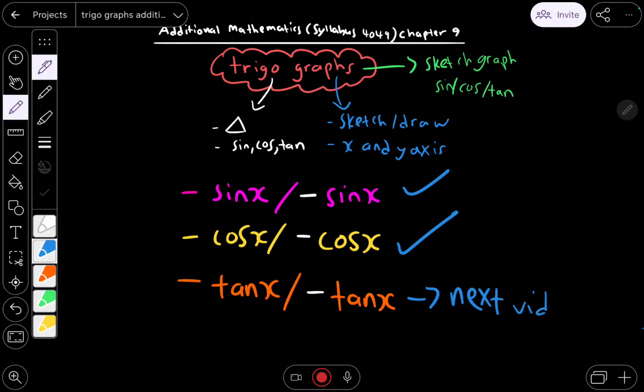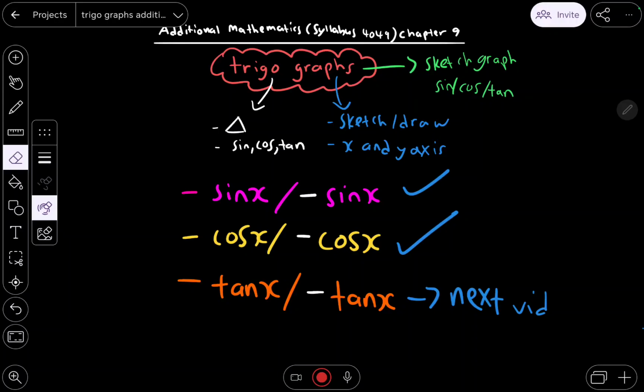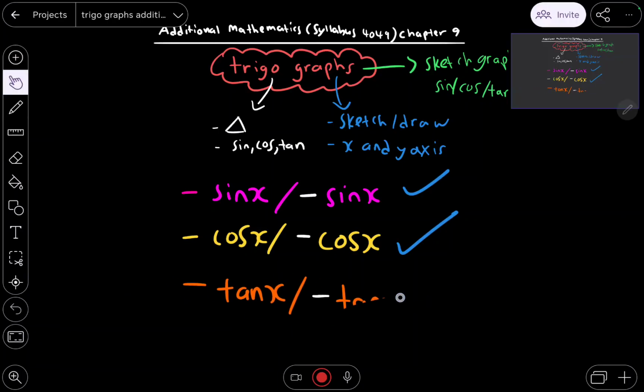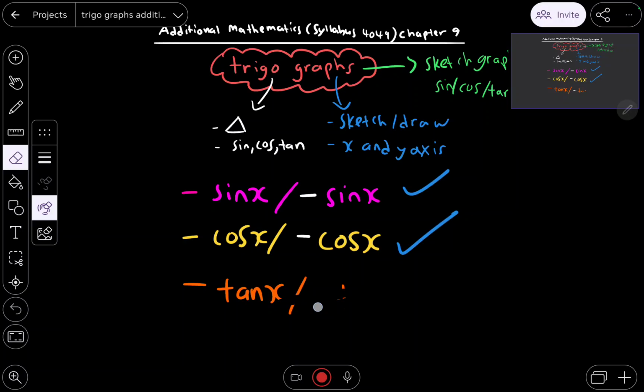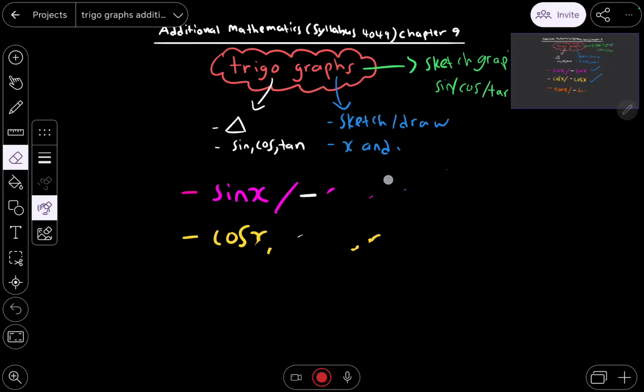Without further ado, let's go into the details about the sine x and cosine x graphs and what are the different things you have to consider when drawing a trigo graph. I'll erase all this first and we're going to get started.